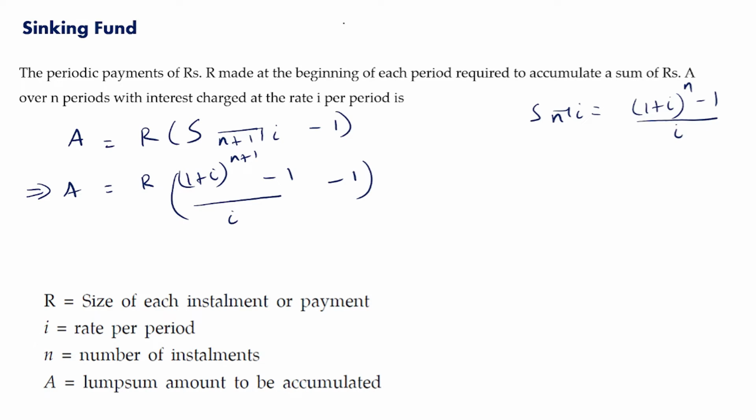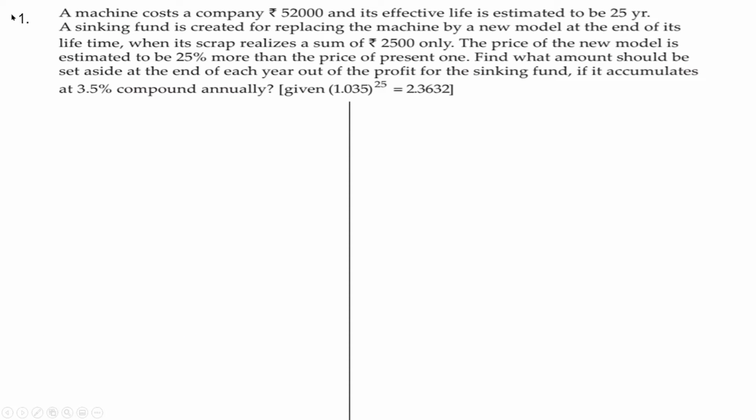A question on sinking fund was asked for 4 marks in the sample paper. Now we will see a similar question here. A machine costs a company rupees 52,000 and its effective life is estimated to be 25 years. A sinking fund is created for replacing the machine by a new model at the end of its lifetime when its scrap value realizes a sum of rupees 2,500 only.